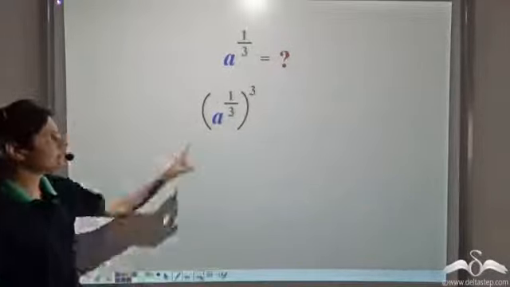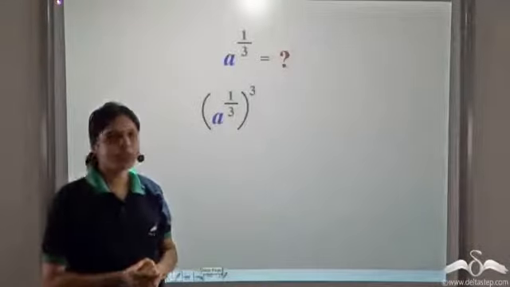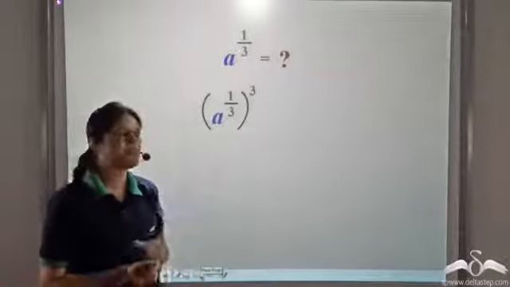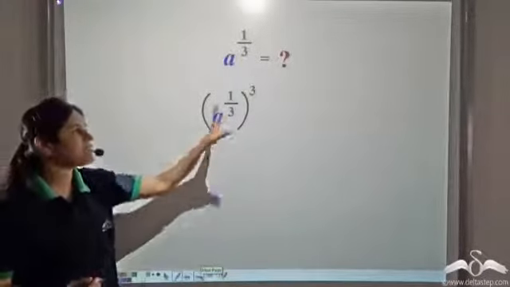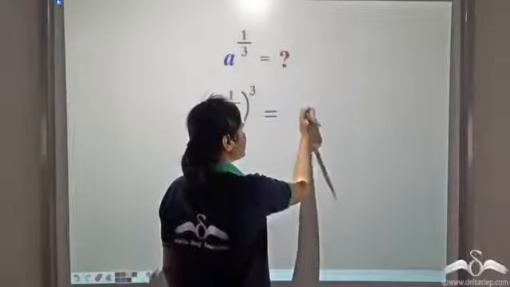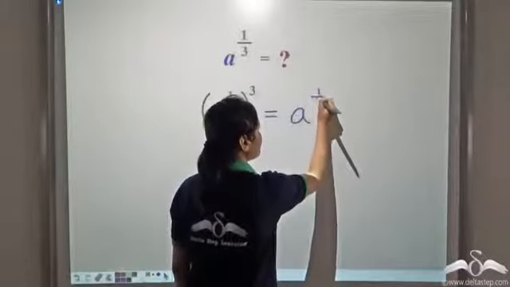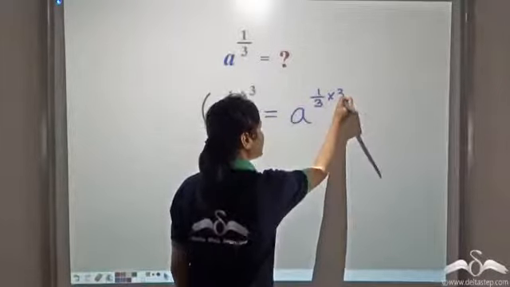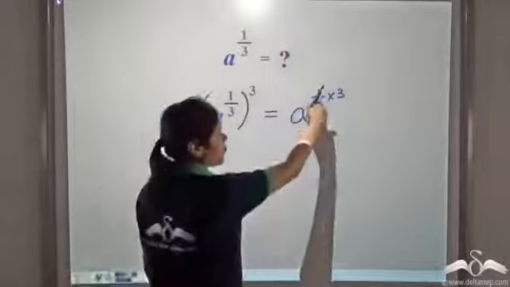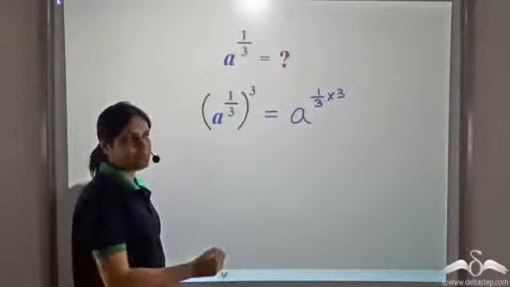Now let us see for a to the power 1 by 3. This is a to the power 1 by 3 whole raised to the power 3. Again, let us apply the laws of exponents. This is equal to a to the power 1 by 3 into 3. These two powers are multiplied. Now 1 by 3 into 3 is 1.